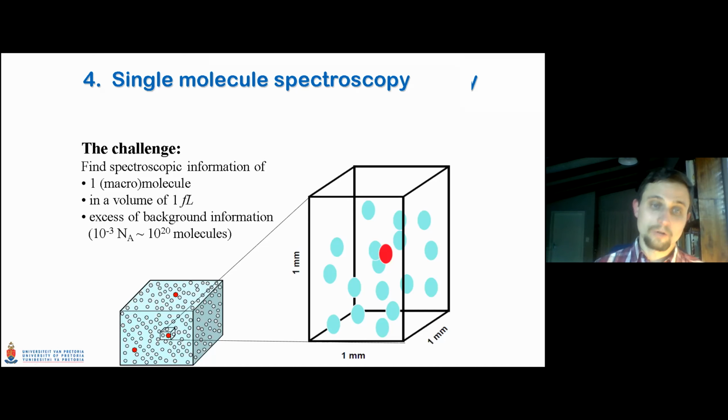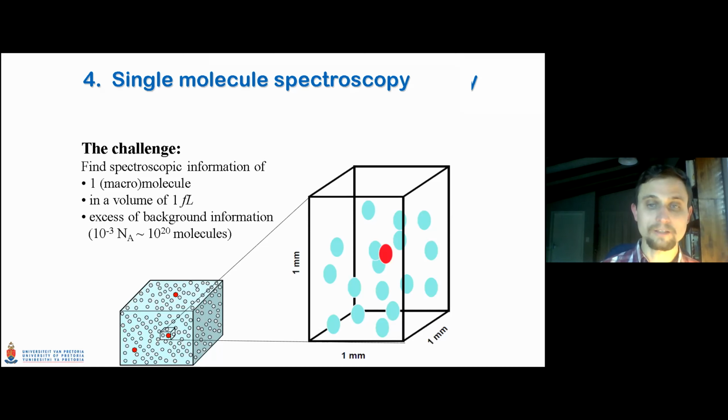A quite simple way to do this is to go outside of the cell, isolate the protein or DNA or whatever you're interested in, mimic the environment, and dilute the aqueous environment enough so that when you focus your beam of light on this molecule, you will have only one molecule within this focal volume with a very high probability.